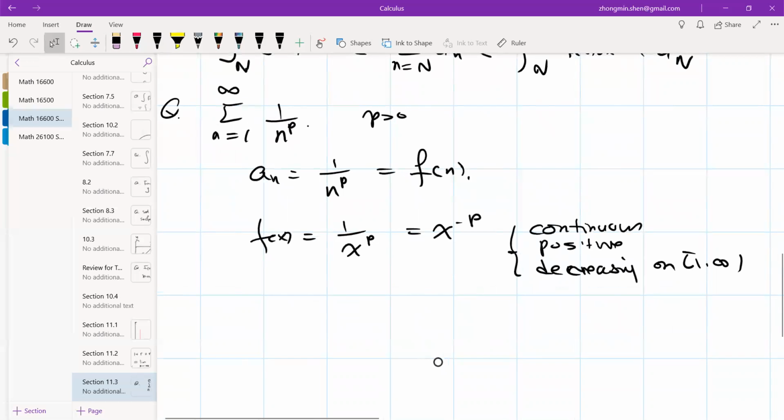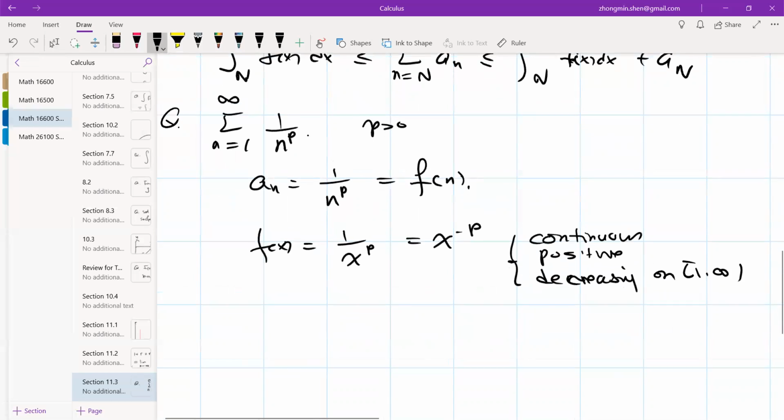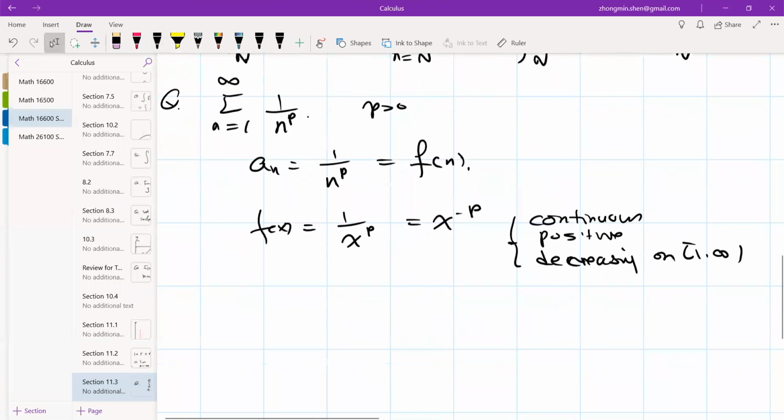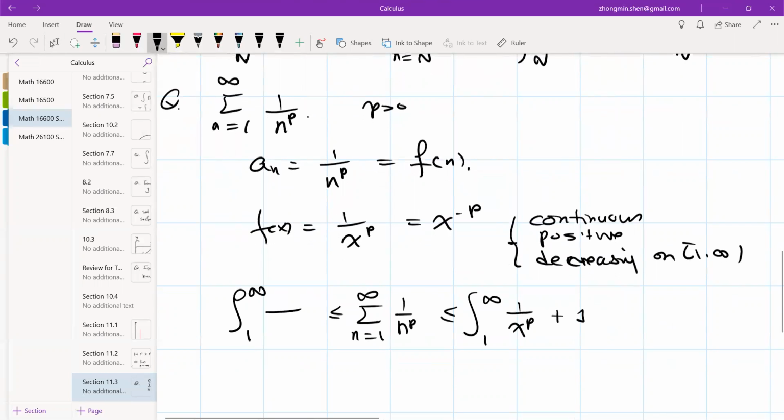So we know that, by the above inequality, the sum from n equals 1 to infinity of 1 over n to the p is less than or equal to the integral from 1 to infinity, plus the first term, which is 1, and greater than or equal to the integral from 1 to infinity.